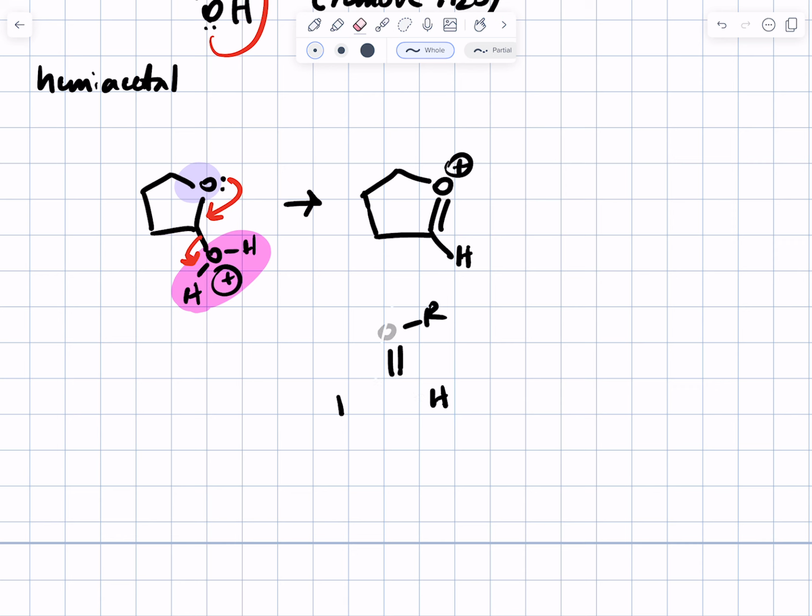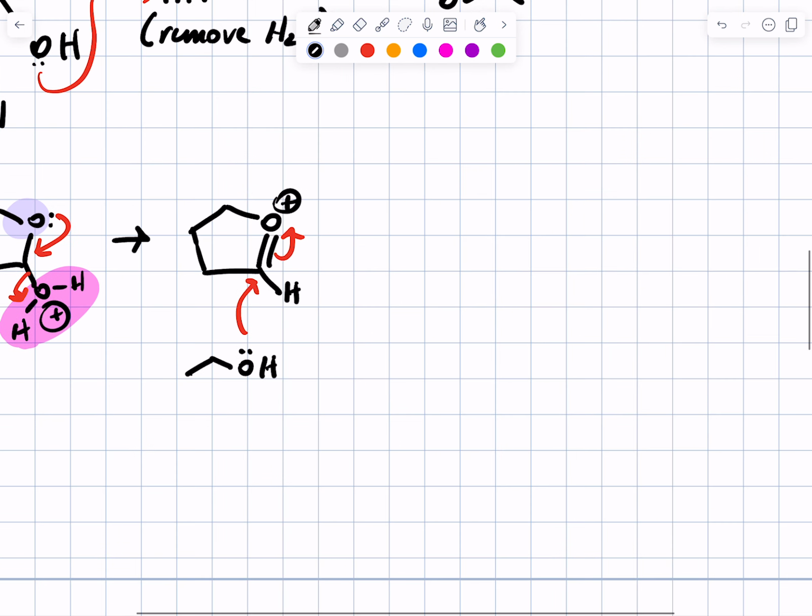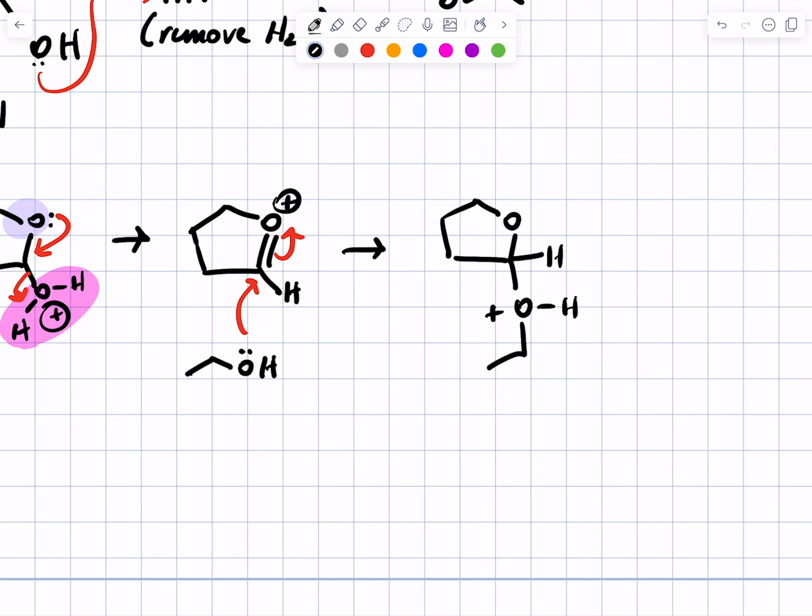Okay? That's just your oxonium ion, which is now electrophilic enough for the alcohol, the second alcohol, to come in and attack, break the pi bond, get this intermediate, and then lastly, we will remove a proton, probably using the conjugate base of our acid catalyst.